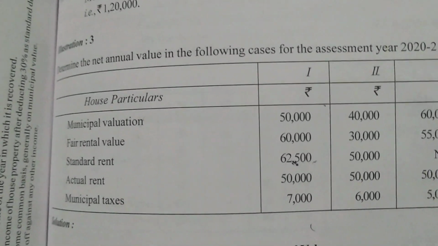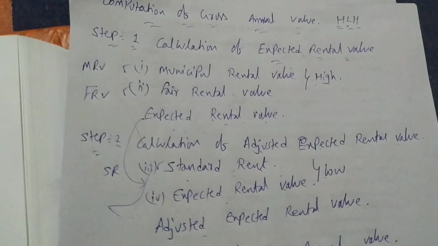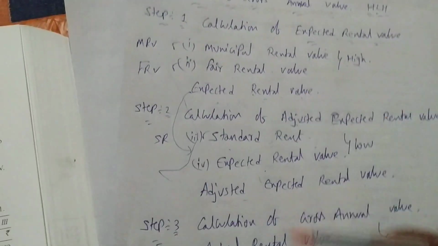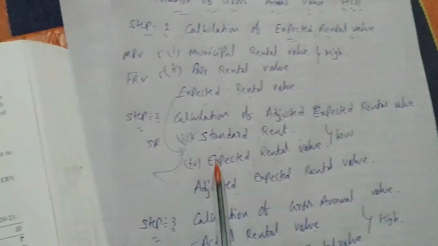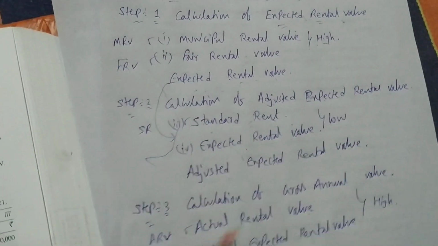Okay, so let us start solving this problem. I'll write everything in short form. So this is the standard format to find out gross annual value. We should know the standard format to find out gross annual value.